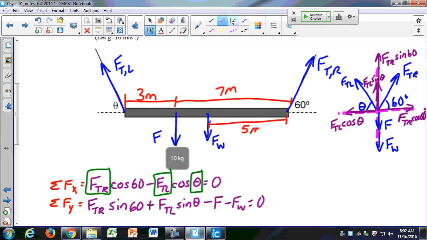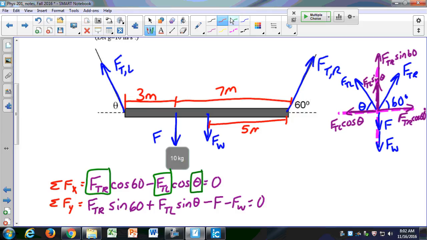So if you're looking for an axis of rotation that removes the largest number of unknown variables, then in this problem, where would you put your axis of rotation? You want it to be in such a place where it removes the biggest number of unknown variables. So for example, you're not going to put it right here because I know exactly what F is.